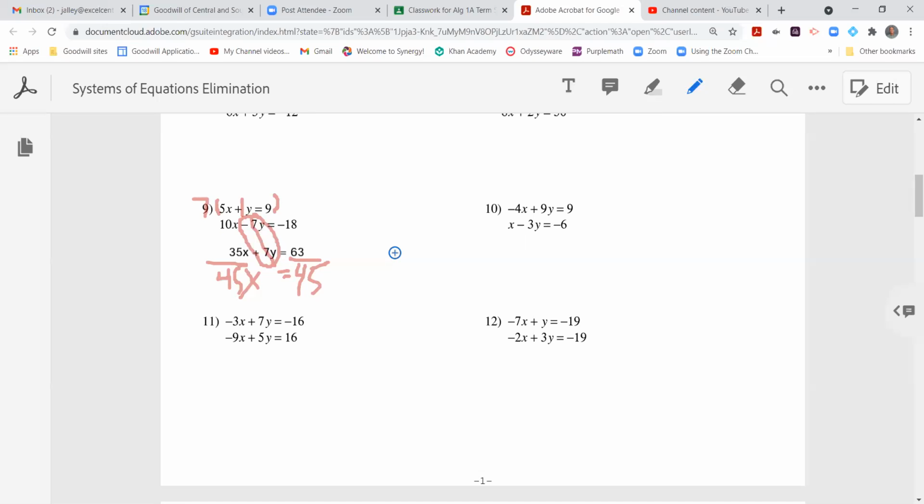And then I could forget about that one for the time being. Because now the 4 and the negative 4 cancel with the x, those go away. Combine these, negative 3y, negative 24 and positive 9 is negative 15, so y equals 5.